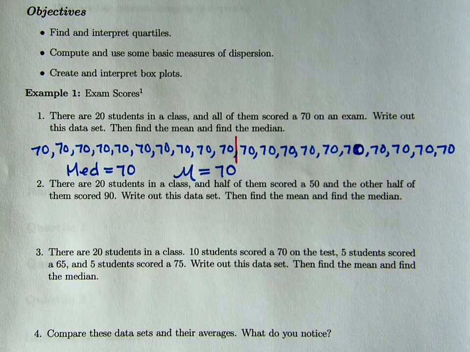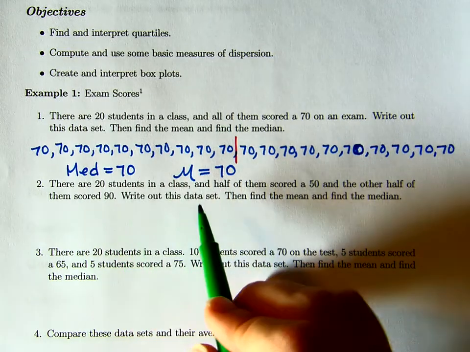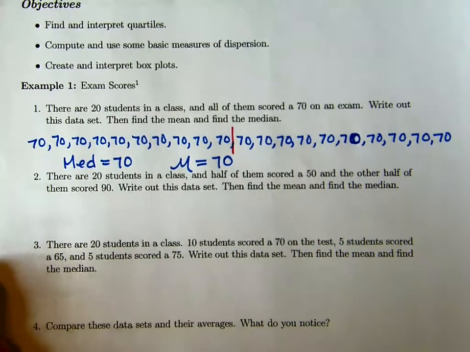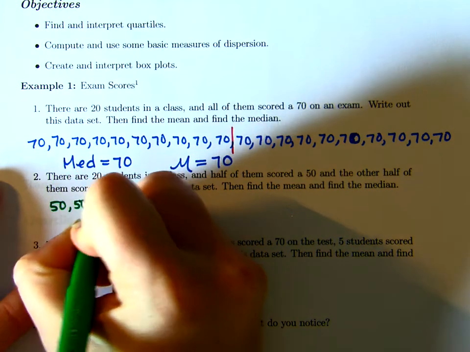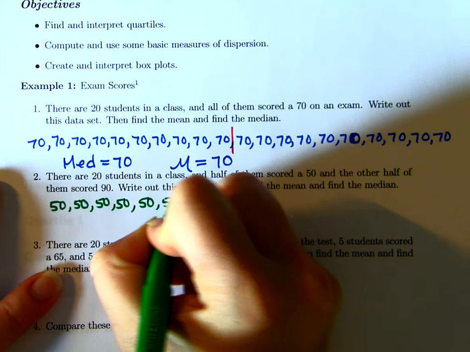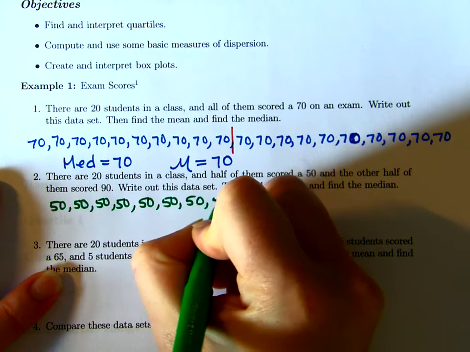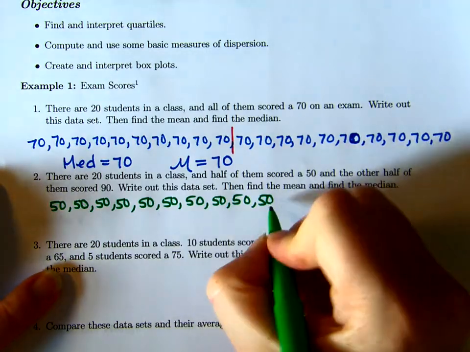Okay, now number 2. There are 20 students in a class. Half of them scored a 50. The other half scored a 90. Write out the data set. So, 1, 2, 3, 4, 5, 6, 7, 8, 9, 10. And I know that that's half of my data set.